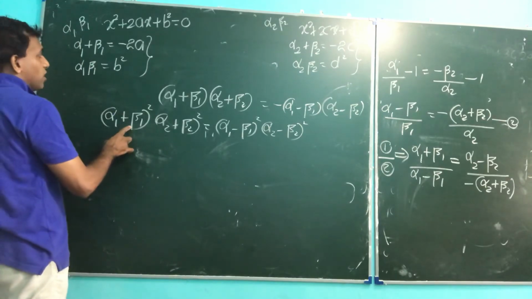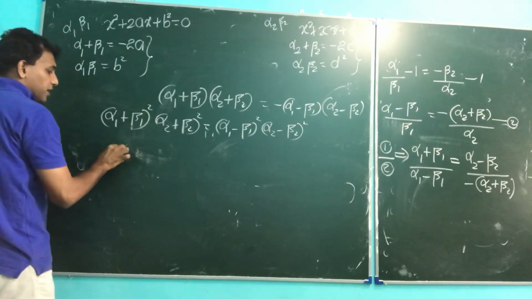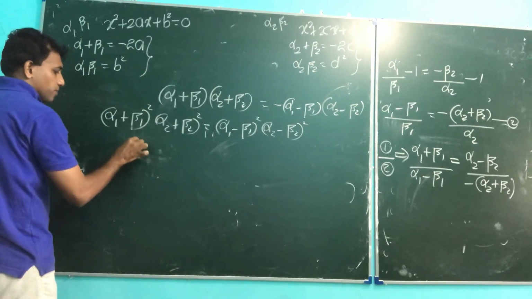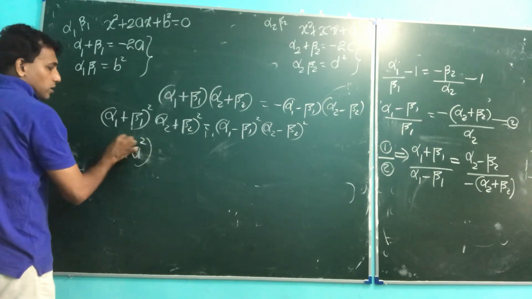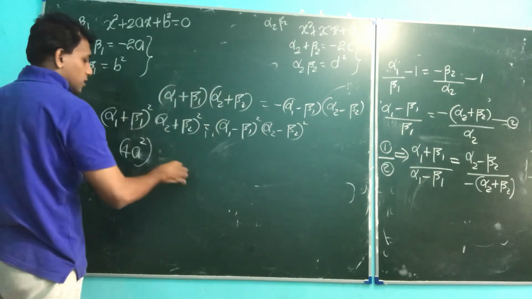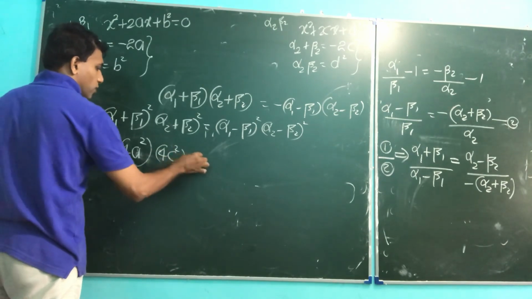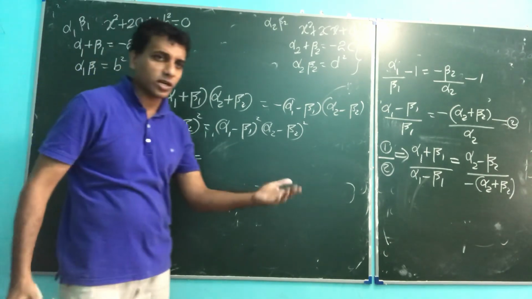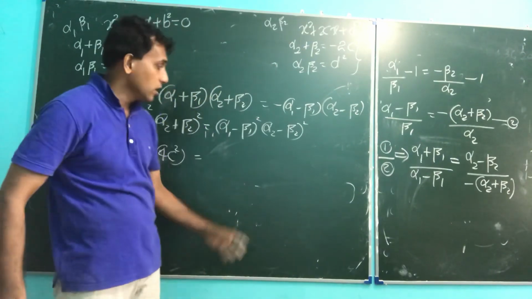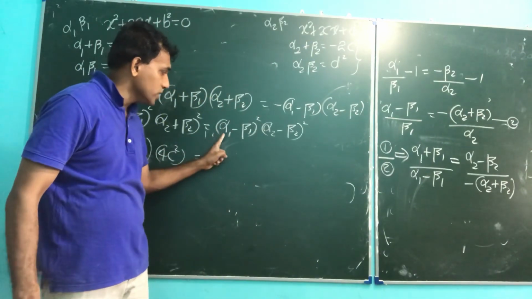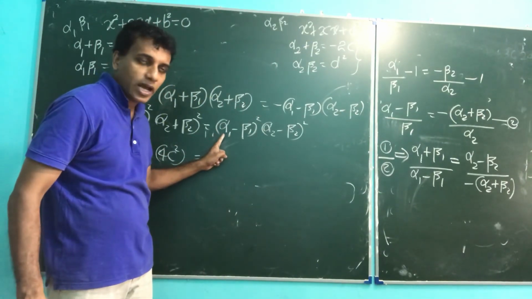You know alpha 1 plus beta 1 square is 4a square. You know alpha 2 plus beta 2 square is 4c square. Here what? Now you are familiar. Now third chapter, third session today. You are familiar. Can I write this one? If you explain what happened.